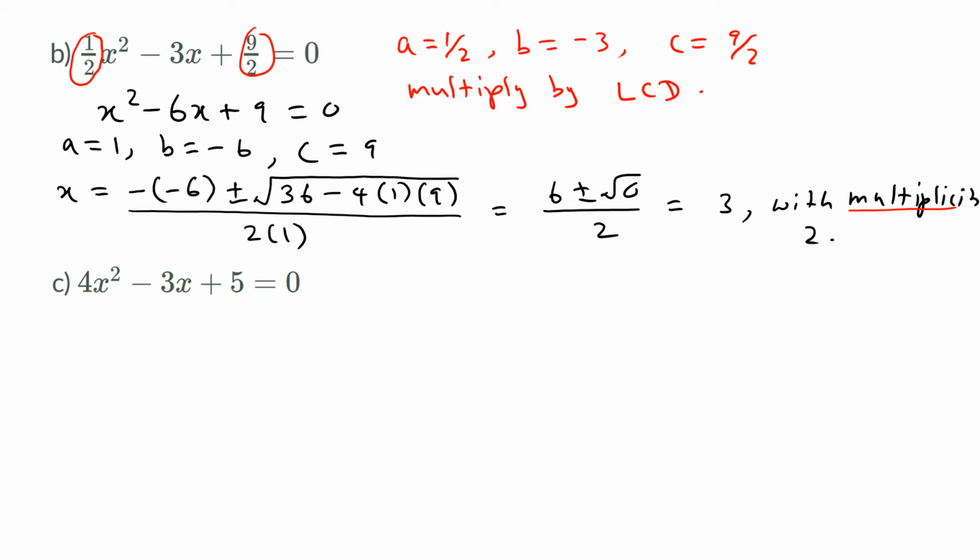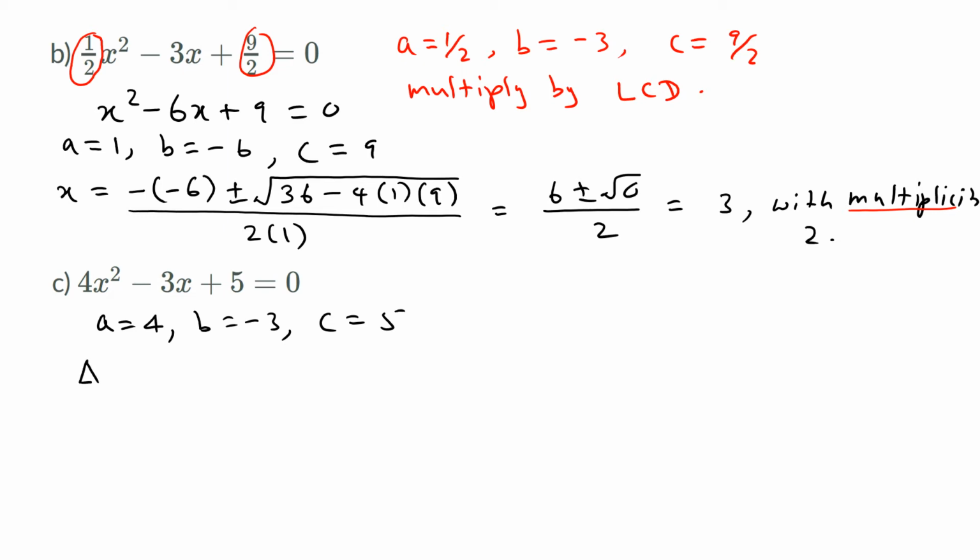In this one we can see a equals 4, b equals -3, and c equals 5. And you can see something, because there's a small b and large a and c values. That's going to give you a negative discriminant.